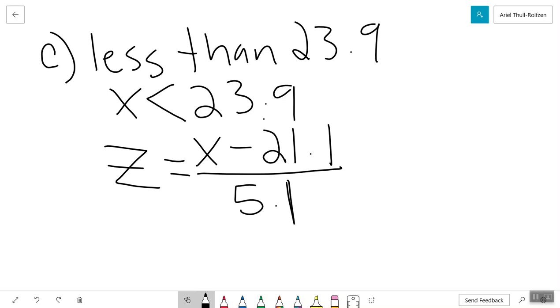Remember that this one right here is going to be our mean, and this one is going to be our standard deviation. So now we can take the x out and put 23.9 in and do the math. For a z-score, we're actually going to get 0.55.